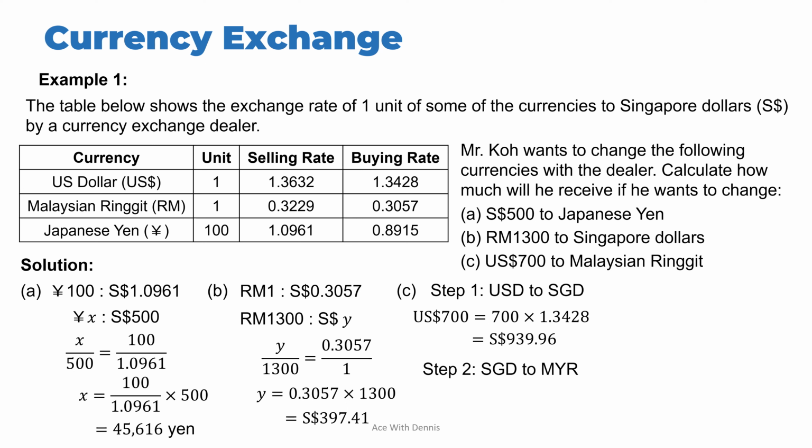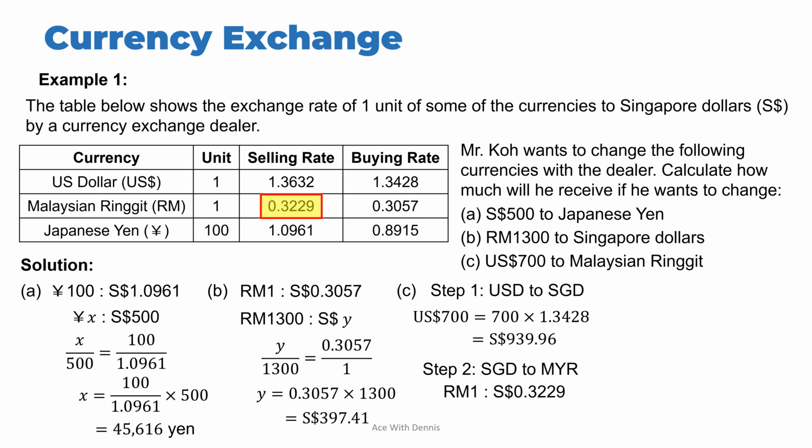Next, step number 2, we change Singapore dollars to Malaysian ringgit. Which cell should we look at? We should look at this cell. It means that the dealer sells the Malaysian ringgit to Mr. Ko now.